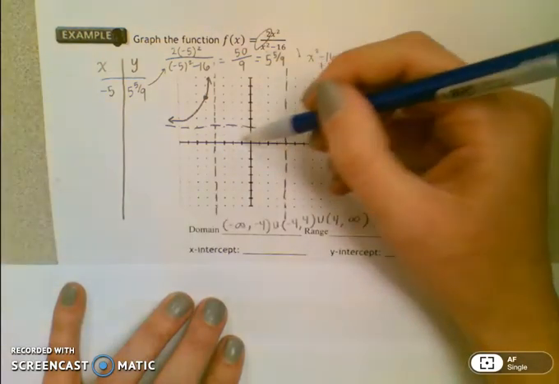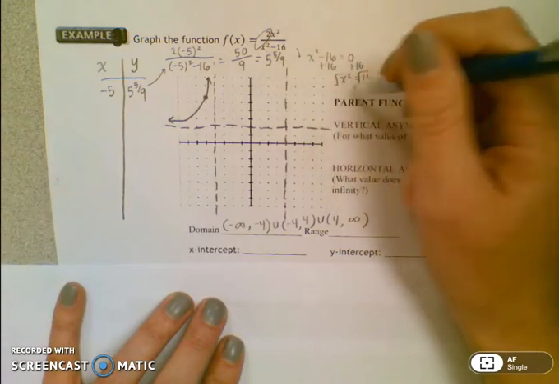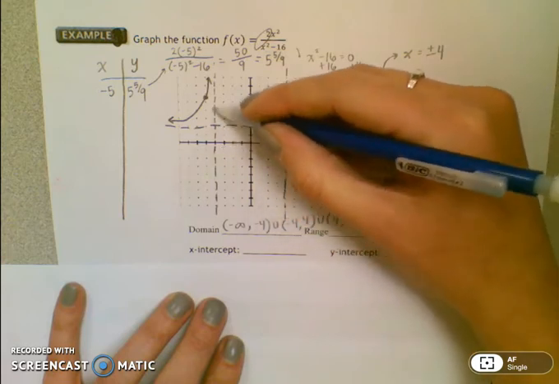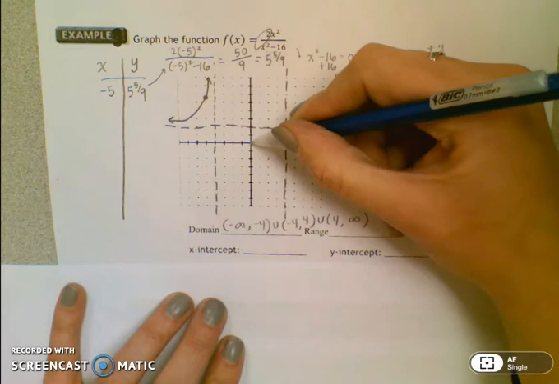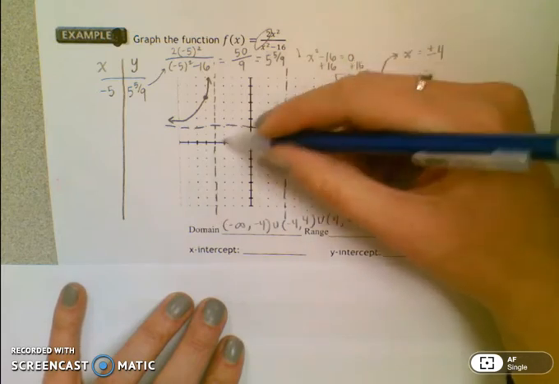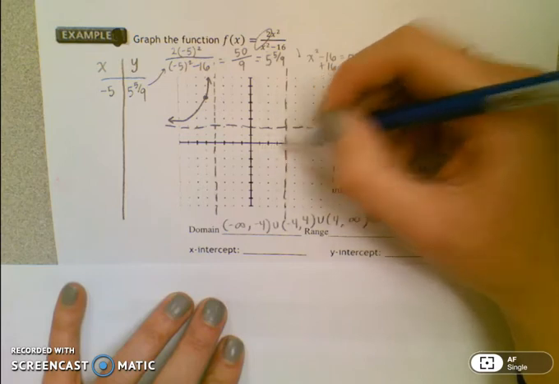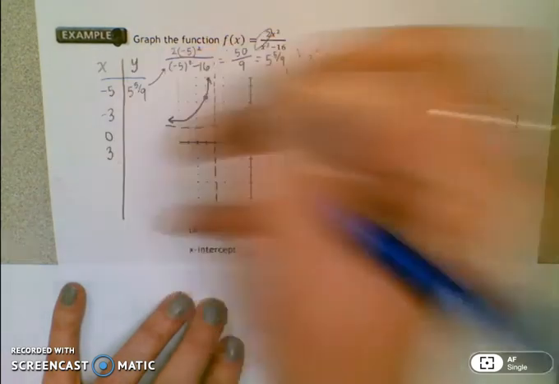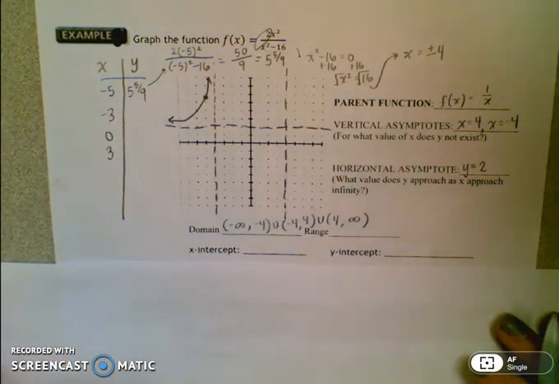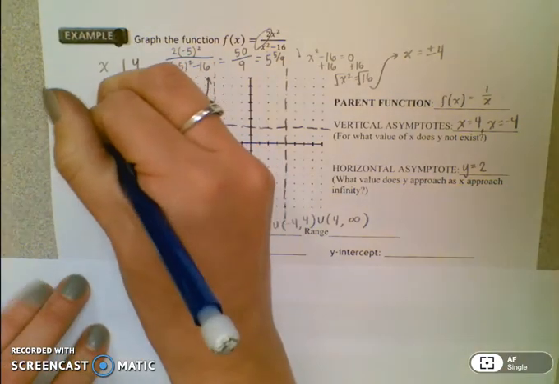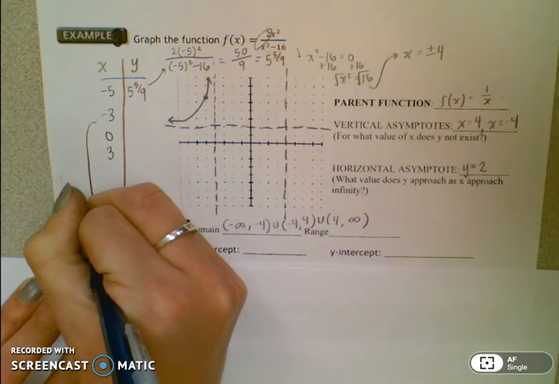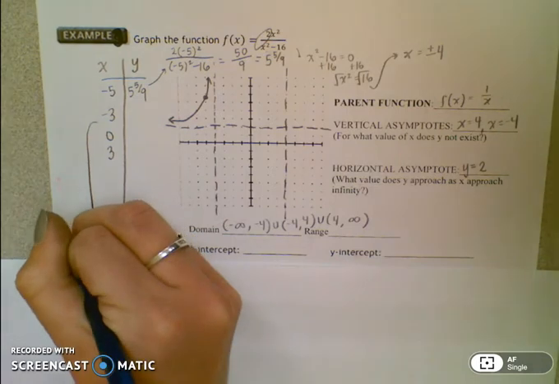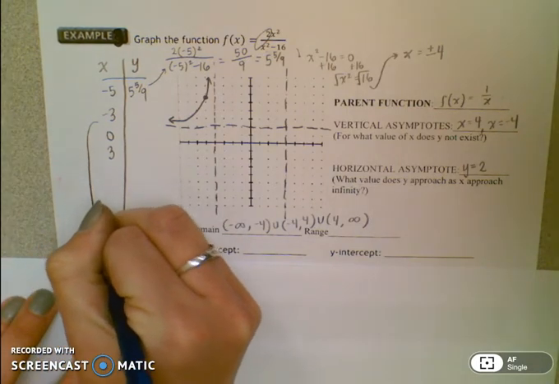I'm going to test 3 points in the middle interval. I'm going to test negative 3 because it's closest to the asymptote. I'm going to test 0 because it's approximately in the middle. Actually, it is exactly in the middle. And then I'm going to test 3. So negative 3, 0, and 3. I'm going to use my scratch paper to test negative 3. So I have 2 times negative 3 squared divided by negative 3 squared minus 16.